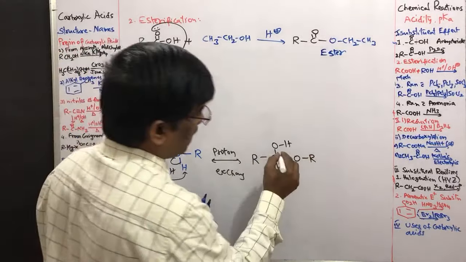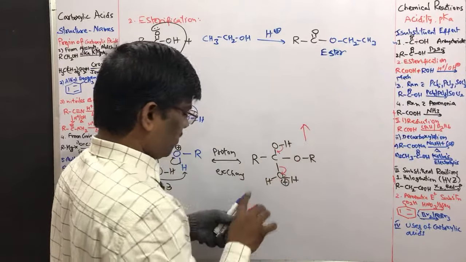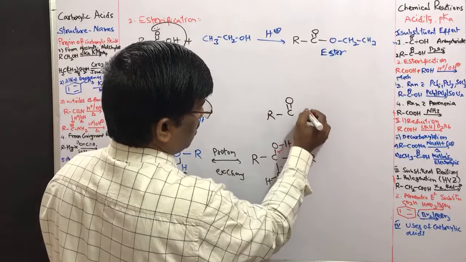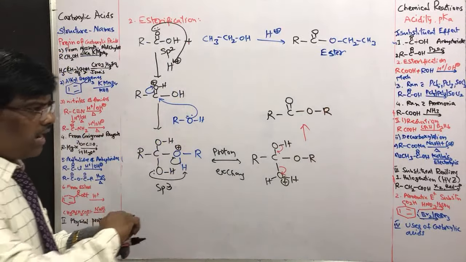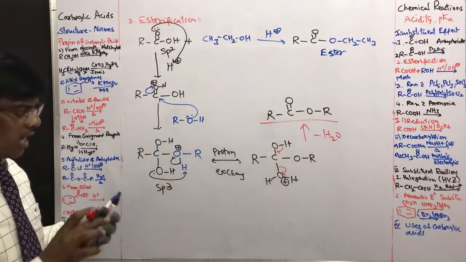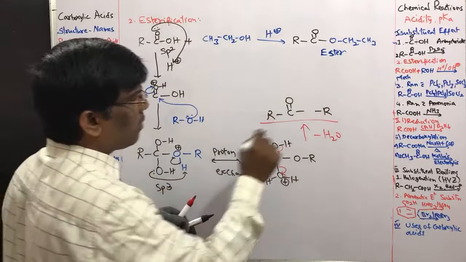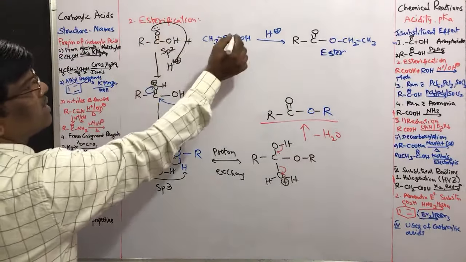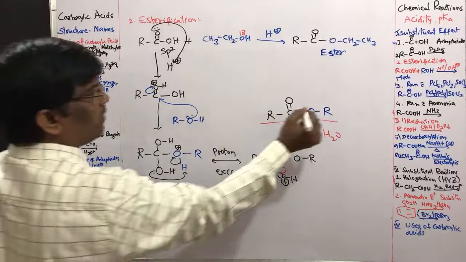Now it is very easy. It loses H plus and gives R-C=O and O-R. Yes, students. So, minus water, this is nothing but the ester. The key thing in the mechanism is that the oxygen which is coming here is from the alcohol part. So if it is labeled with an oxygen isotope, then it will be here.